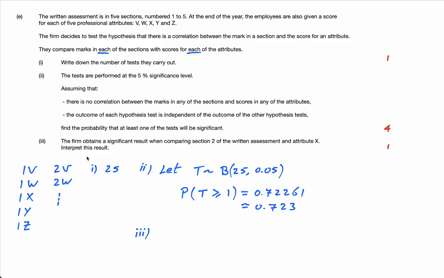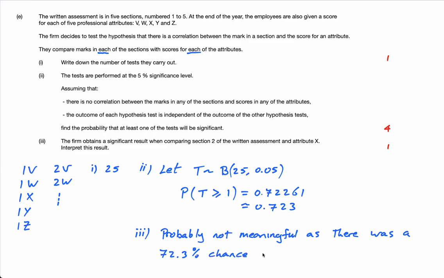So, what does he say? Interpret this result. Probably, I'm going to say probably not meaningful, as, and I want to refer back to this value here, as there was, let's go with percentage, a 72.3% chance one test would be significant.